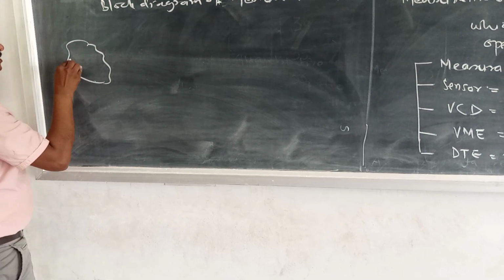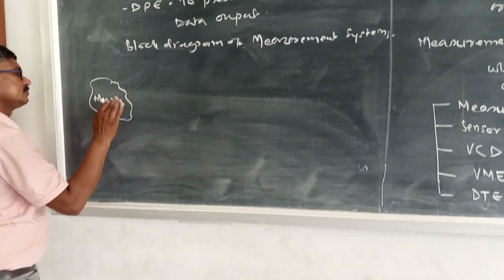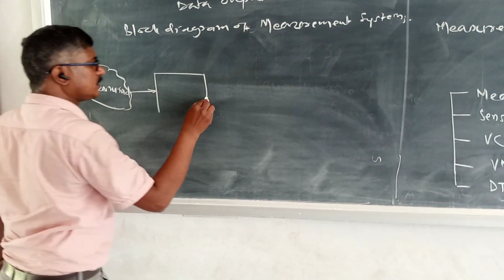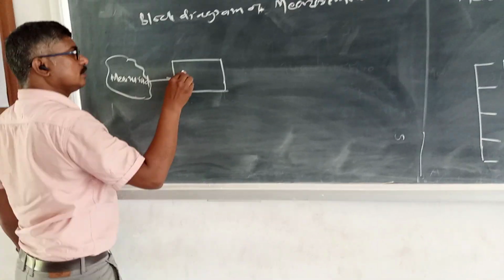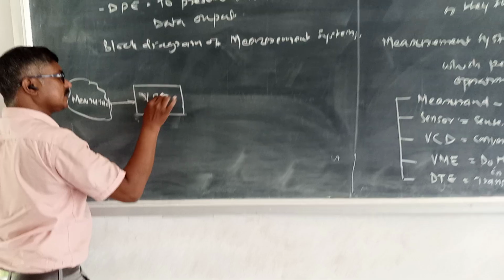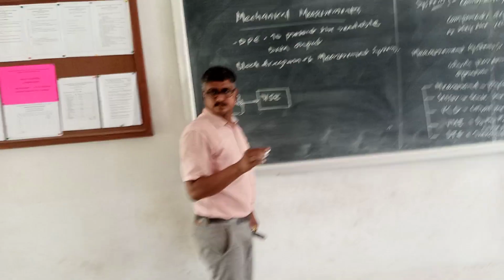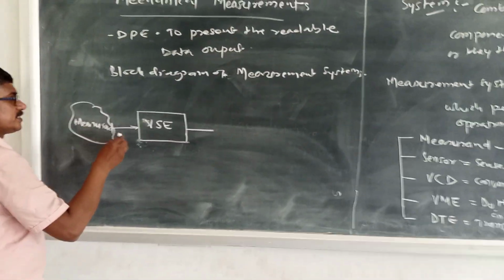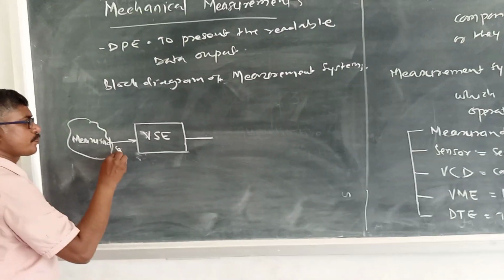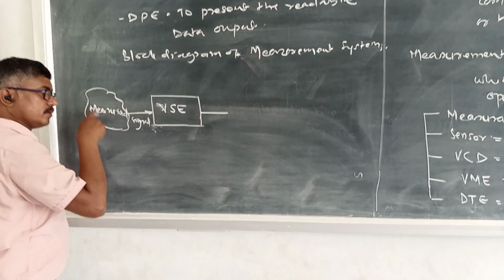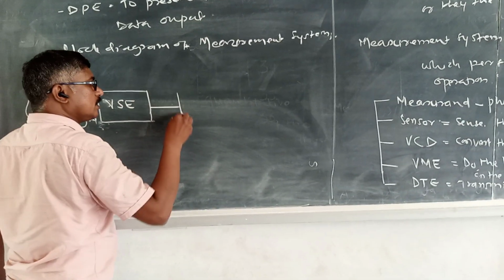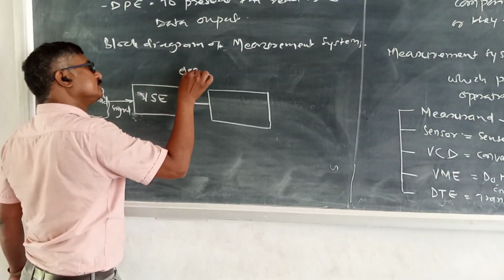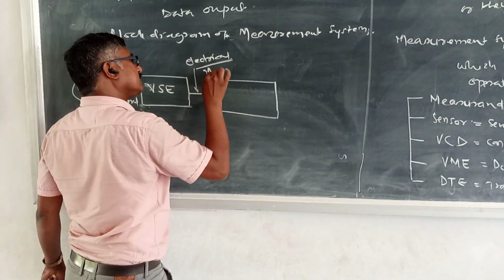The first one, that is measurement, is connected to the variable sensing element, which gets a signal from the measurement and produces a readable signal, which is normally electrical or mechanical.